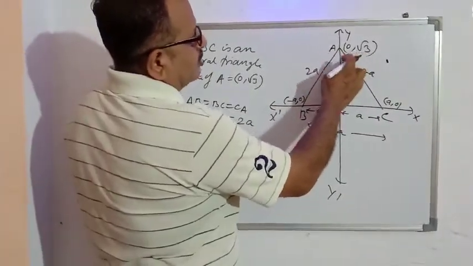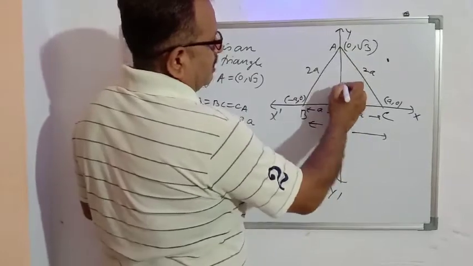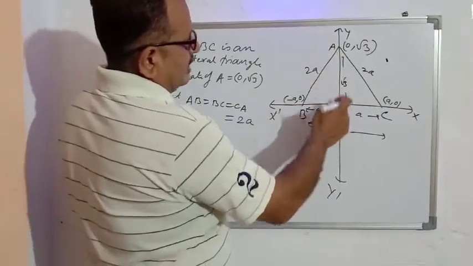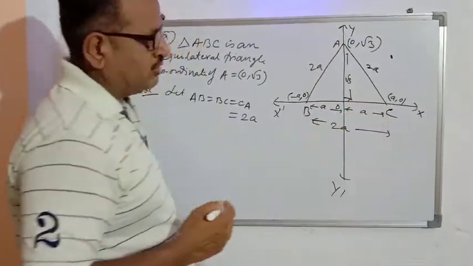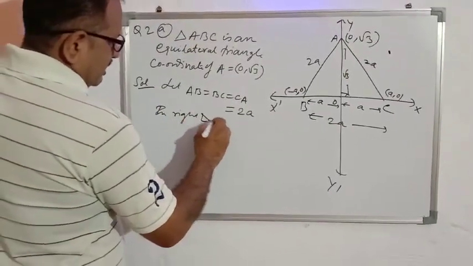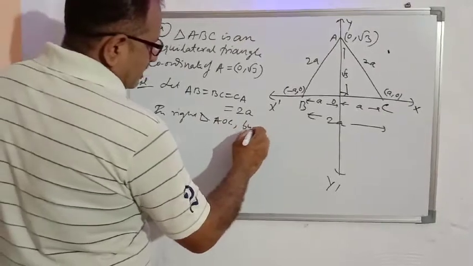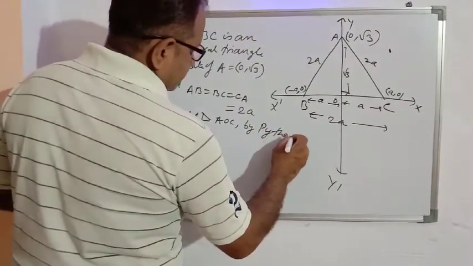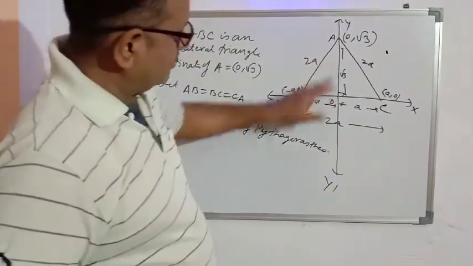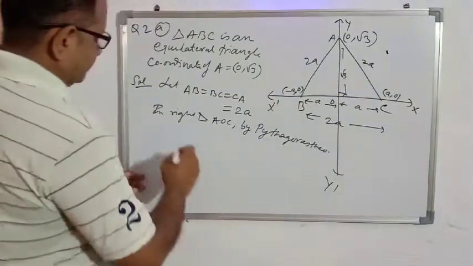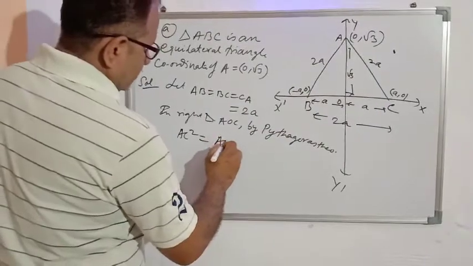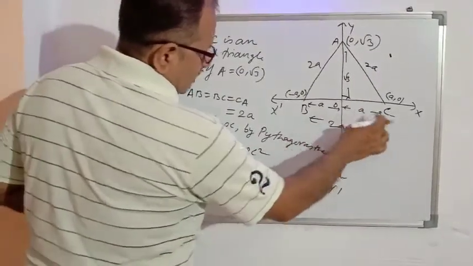Now we have to find the value of a to find the coordinates. Point A coordinate is 0, root 3, so AO is root 3. It is a right angle triangle AOC, so we can use Pythagoras theorem. In right triangle AOC, by Pythagoras theorem, the square of the hypotenuse, AC square, is equal to AO square plus OC square.